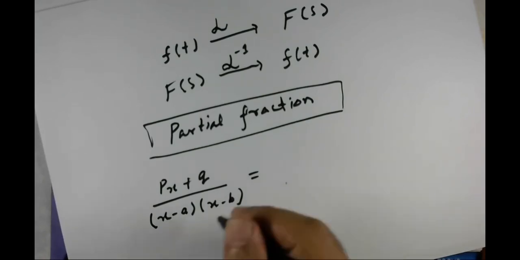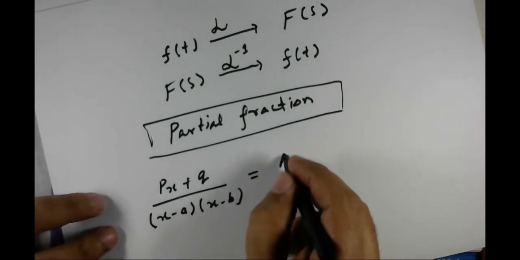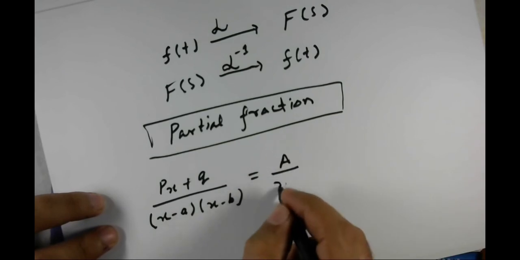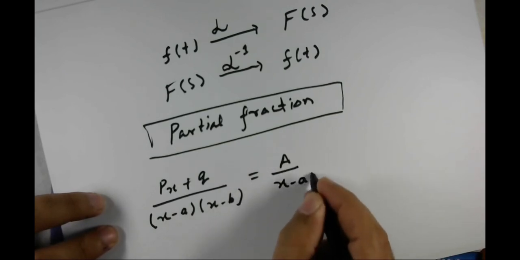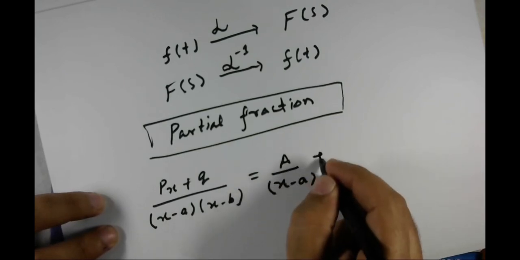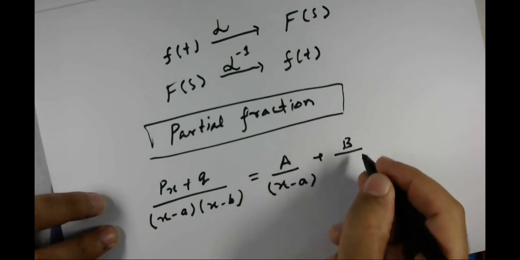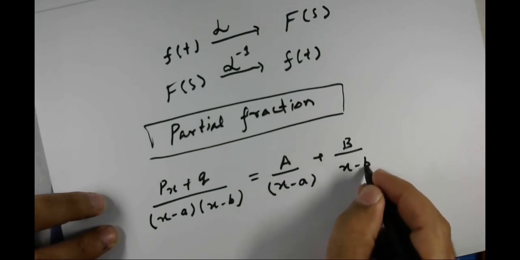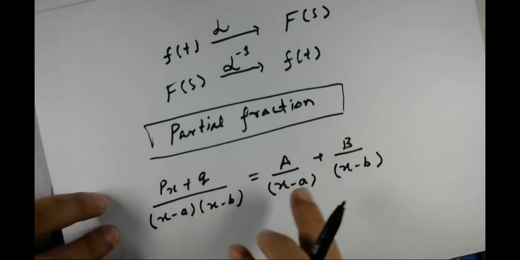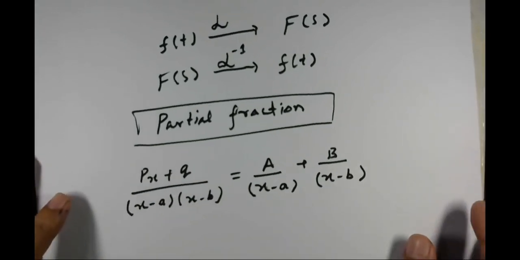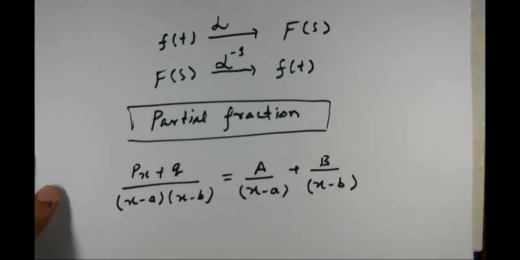Partial fraction means that this is equal to A by (x − a) plus B by (x − b). This thing is equal to this thing. You just need to find out the values of A and B. How you're going to find these values is up to you.